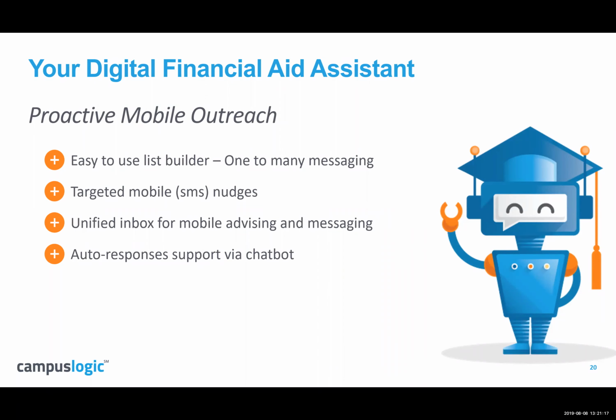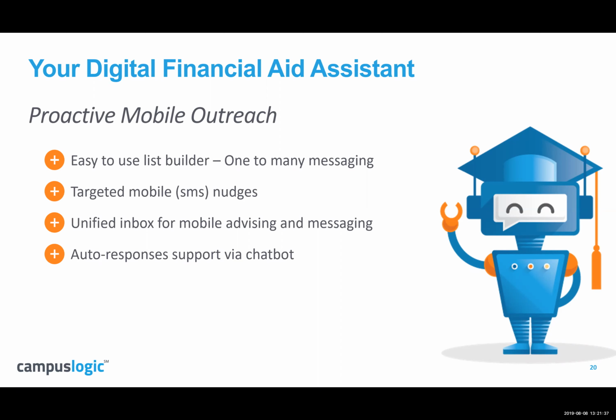So we've added to the VirtualAdvisor design the ability to build a list of students that you would like to message with and target them for a bulk text message. Now, from the student's perspective, these are all one-on-one conversations.